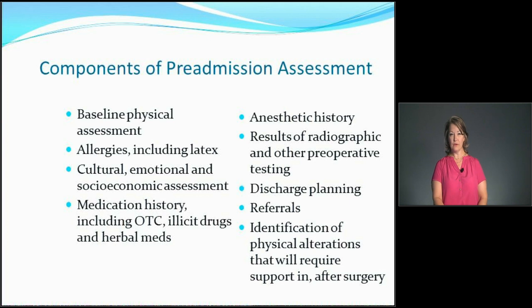The baseline physical assessment that may be garnered from the surgeon's office or the clinic in which the patient was seen prior, any allergies, cultural, emotional, social, economic assessment.